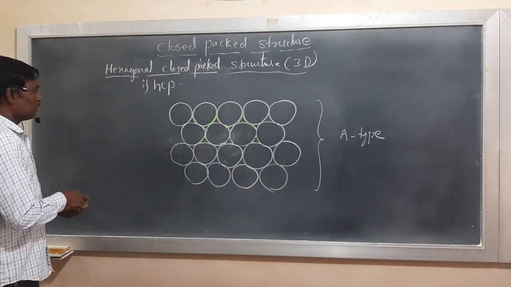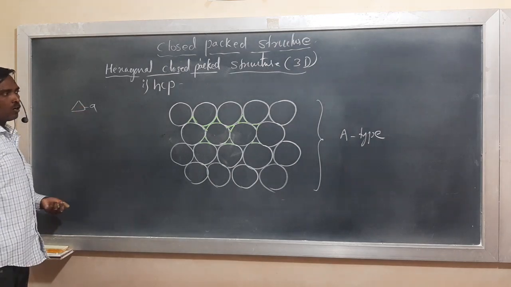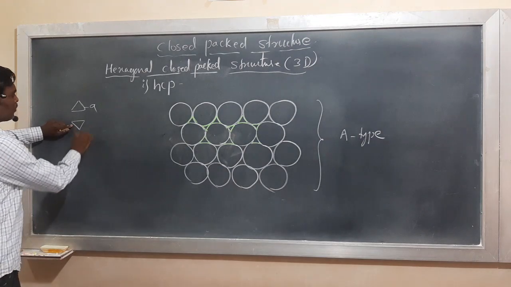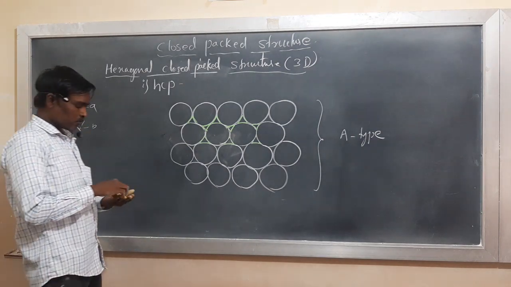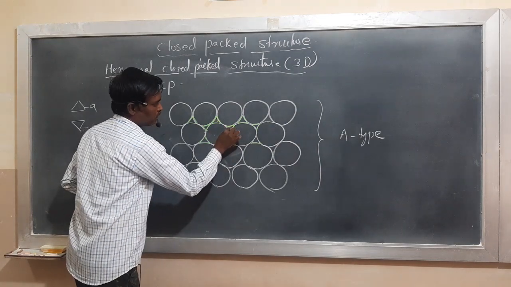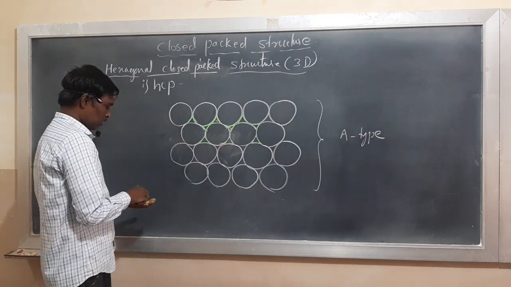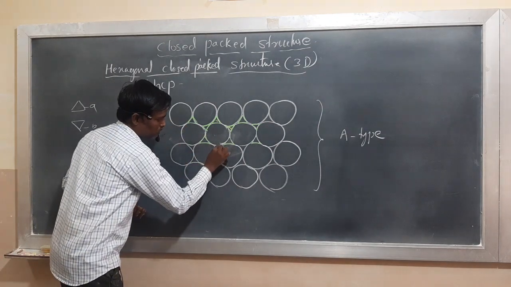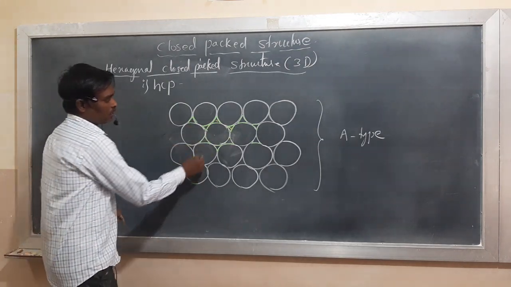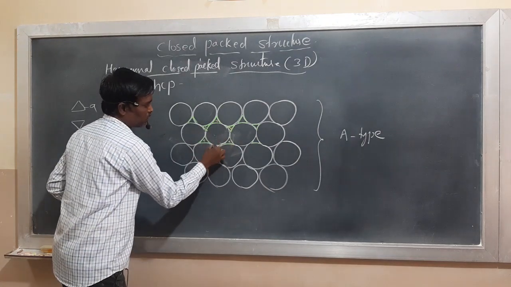If the triangle is of this type, let me define that as an A type. If the triangle is of this other type, that is called a B type. So there are 2 types of triangular voids: this is A type and this one is B type. So each sphere is surrounded by 3 A type triangular voids and 3 B type triangular voids.